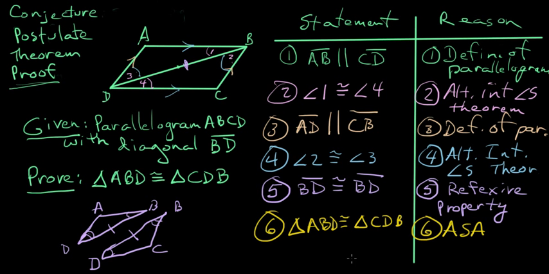And so I'm done with my proof. And that, ladies and gentlemen, is what we're going to be doing through this whole section. We're going to be doing proofs, and we're going to be doing statement, reason, and remember that everything has to follow everything else. This is all about logical progression, okay? I had to show that these two are parallel in order to show that these two angles are congruent.